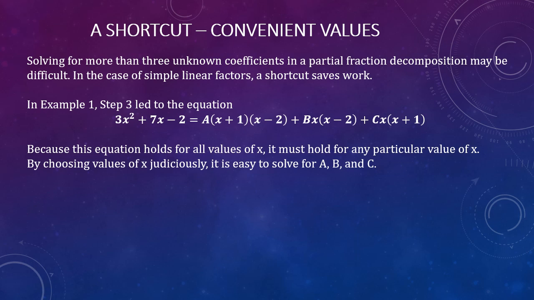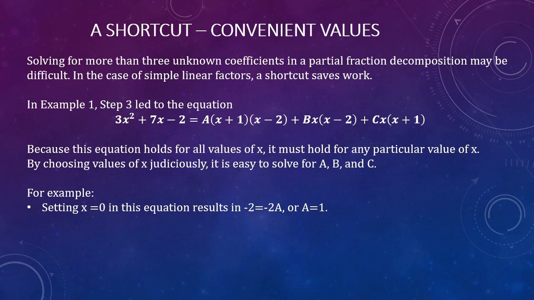Because this equation holds for all values of x, it must hold for any particular value of x. By choosing values of x judiciously, it is easy to solve for a, b, and c. For example, if we set x equals 0 in this equation, this results in negative 2a equals negative 2, or a equals 1.